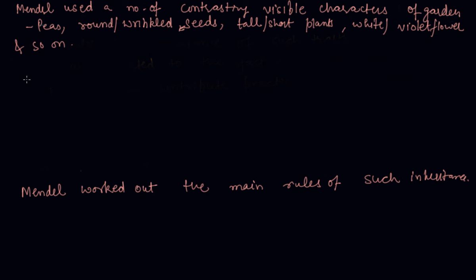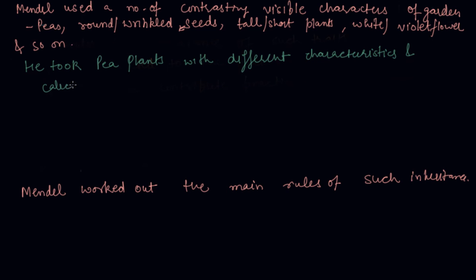Okay, so what did he observe? He took pea plants with different characteristics and calculated the percentage of tall and short progeny.